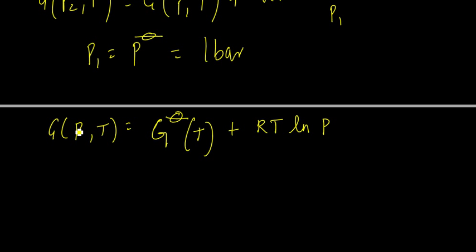That's the way I define the change of Gibbs free energy with pressure. So I should know the standard Gibbs free energy, that is at 1 bar and the given temperature. Then I can calculate the Gibbs free energy for an ideal gas at a given pressure and temperature.